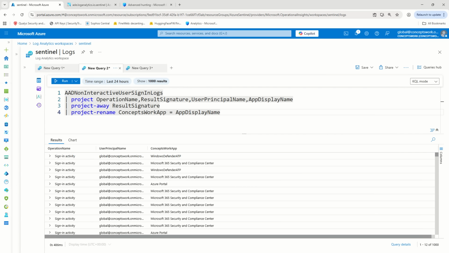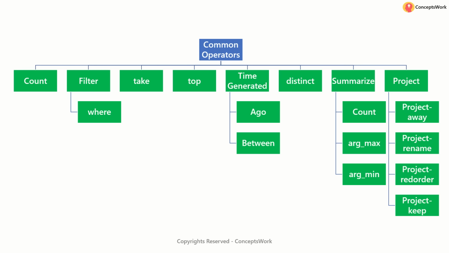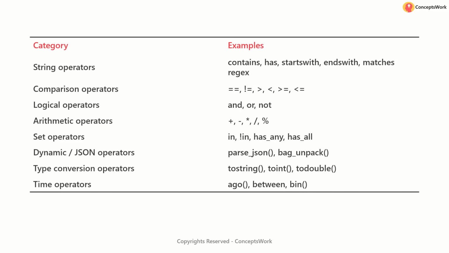So these were all very basic common operators that you're going to use on a daily basis while interacting with the data. And as I was saying before, apart from these common operators that you can use, there are n number of different operators which are available, and they all have been divided into specific categories.